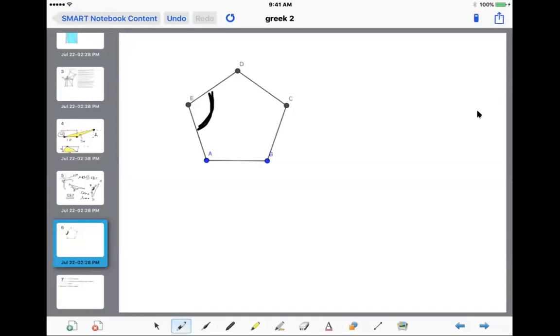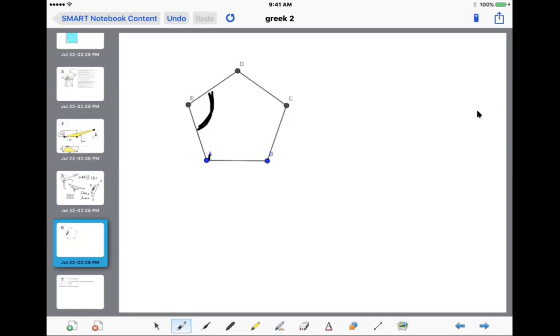So I see 2 different answers. One that's 108 and one that's 180 divided by 5, which is 72. Now, it does look like an obtuse angle, and it is 108 degrees.